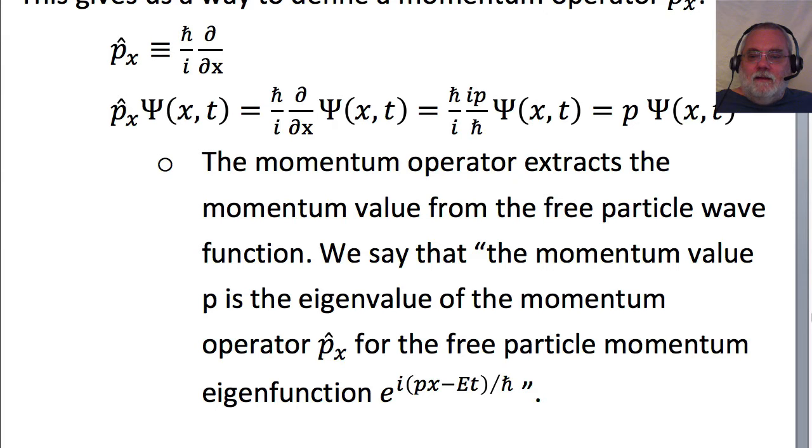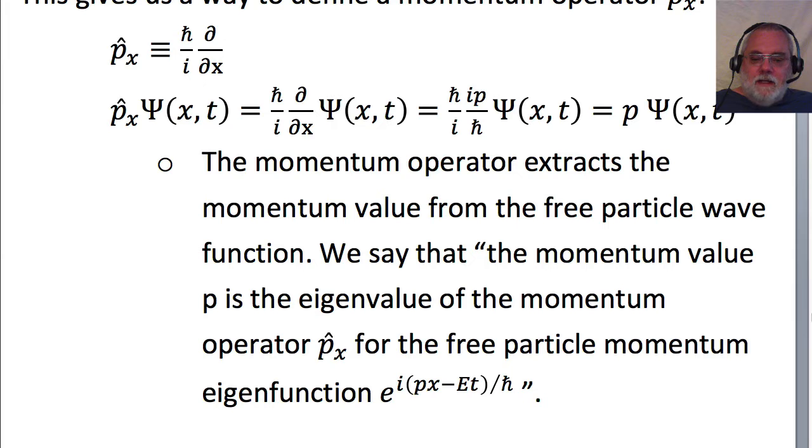We say that momentum value p is the eigenvalue of the momentum operator p sub x hat for the free particle momentum eigenfunction e to the i quantity px minus Et over h bar.